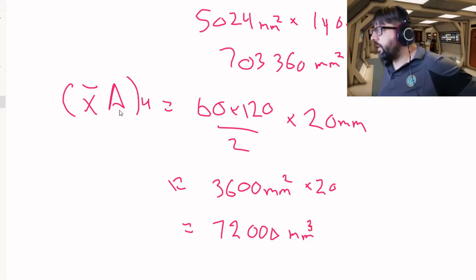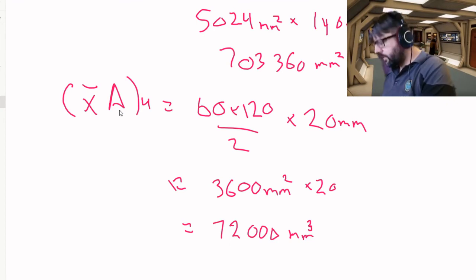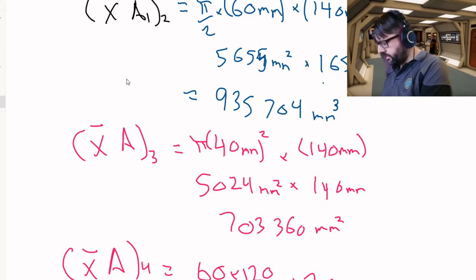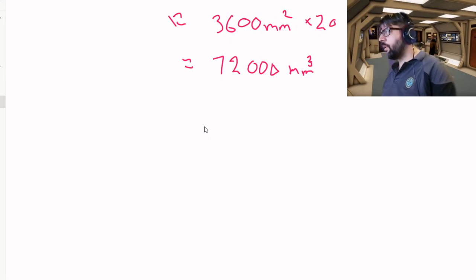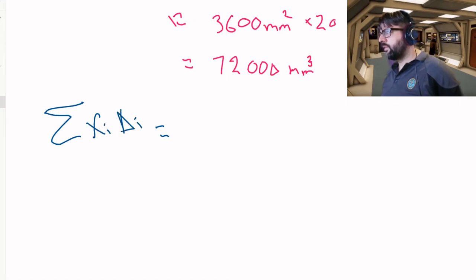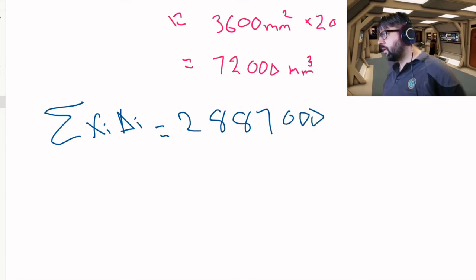Now we just need to add those values up. That's 72,000 plus 703,000 plus 936,000 plus 1,173,000, which gives us the sum of our xi Ai, 2,887 millimeters cubed.